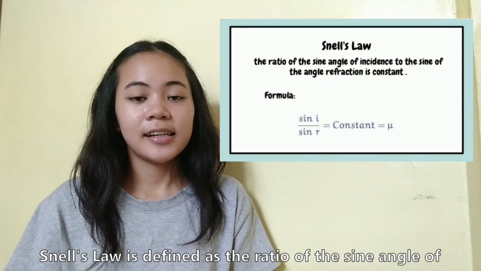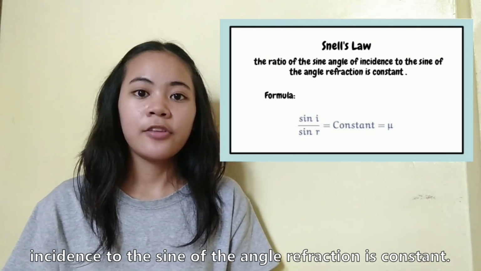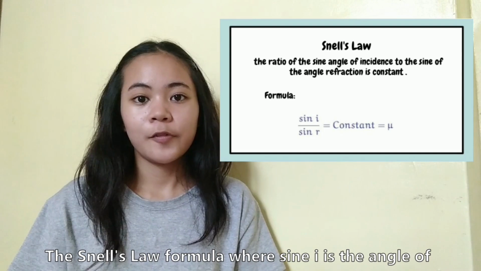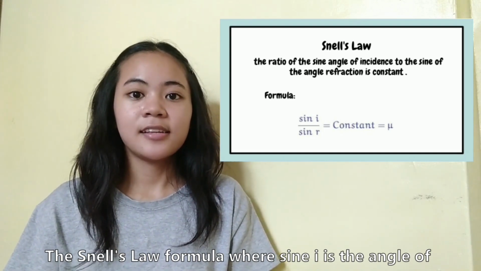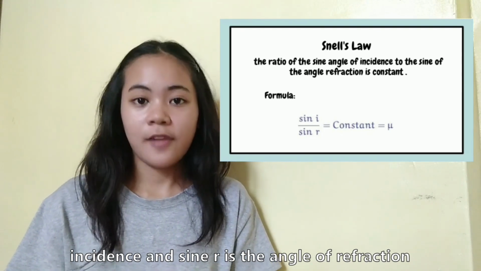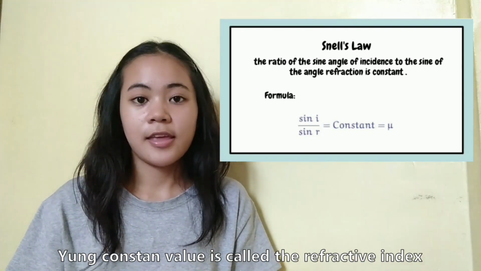Snell's law is defined as: the ratio of the sine of the angle of incidence to the sine of the angle of refraction is constant. In the Snell's law formula, sine I is the angle of incidence and sine R is the angle of refraction. The constant value is called the refractive index.